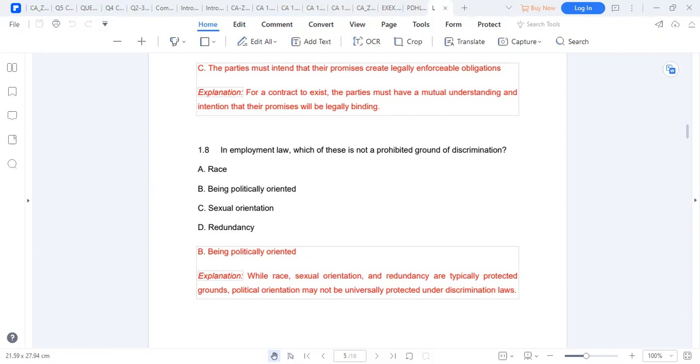Among these options, being politically oriented is not considered a prohibited ground for discrimination. I must also add that there is no specific law that gives jurisdiction on political affiliations. So the answer rightly would be B.